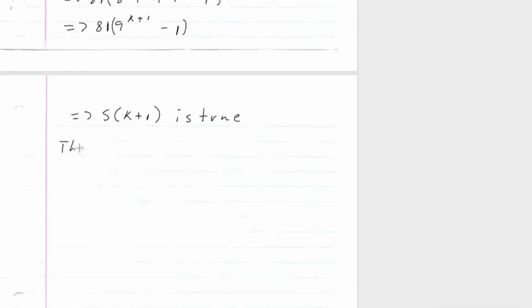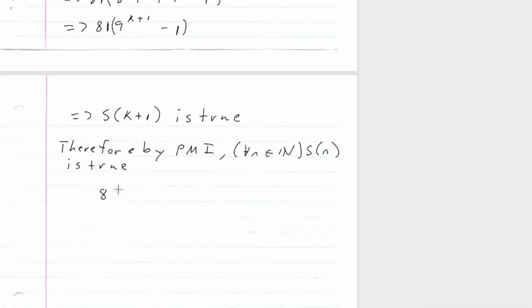Therefore, by the principle of mathematical induction, we know that for every n contained in the natural numbers, S of n is true. The statement revolving around any natural number n is true. So we essentially prove that for any natural number, 8 divides 9 to the n minus 1. And that is our proof.